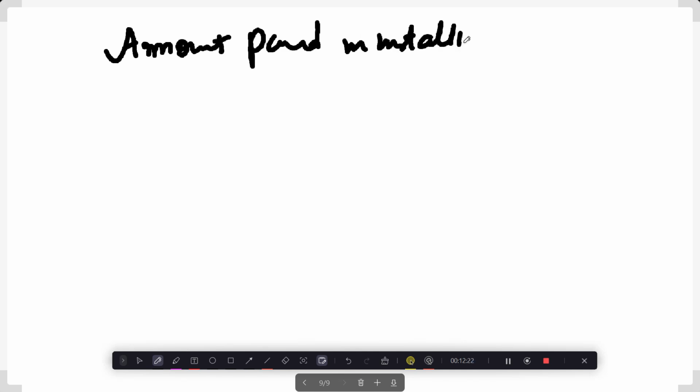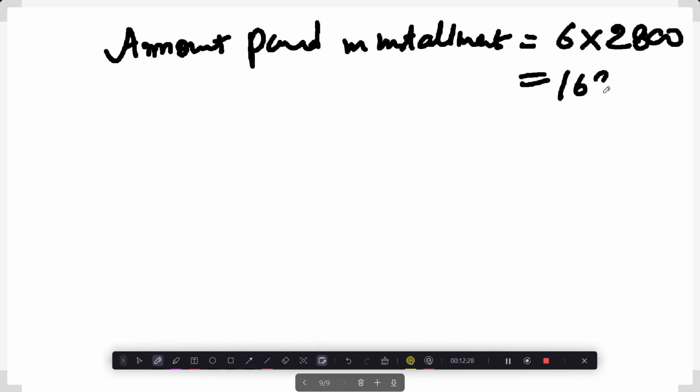So amount paid in installments, 6 installments, right? ठीक है. So therefore interest paid in installment will be what?